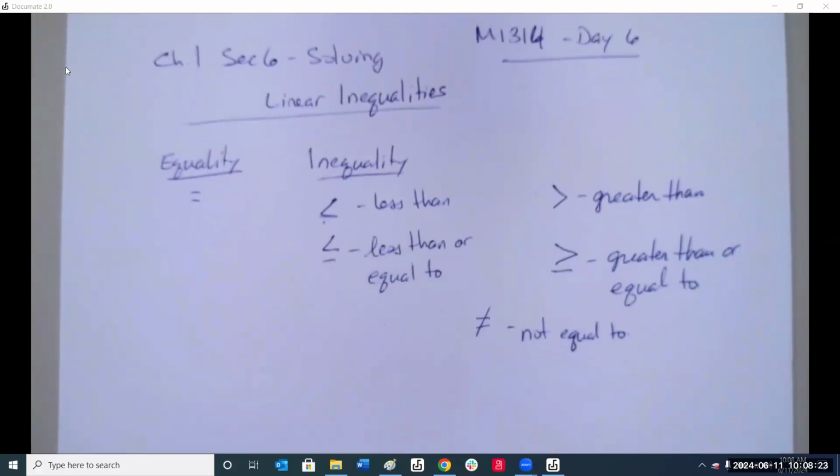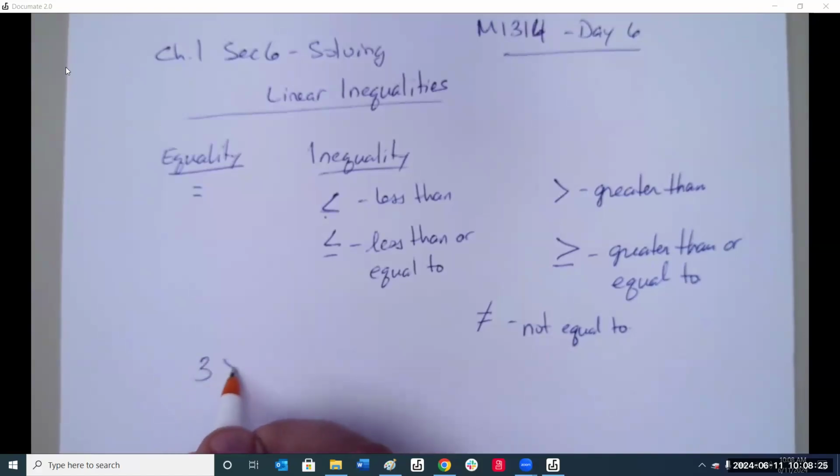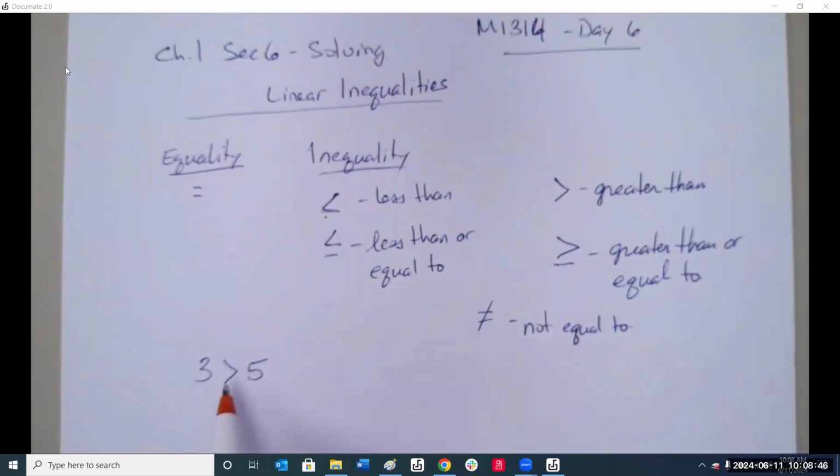So, is that true? No. Of course this is false, because it always points to the smaller. Or you think of an alligator, it always goes for the bigger piece of meat.